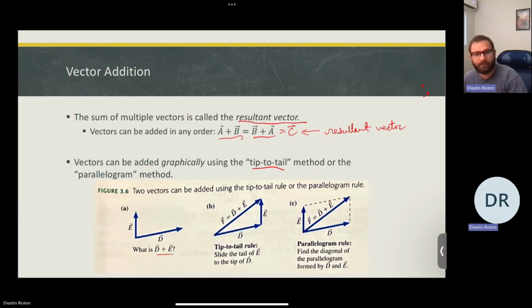So we've got D here first, D plus E. What we'll do is just slide E over to the end of D. And this is why it's called the tip to tail method. You put the tip of one vector onto the tail of the other.